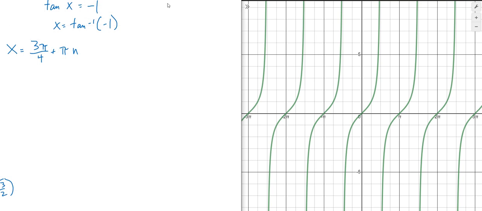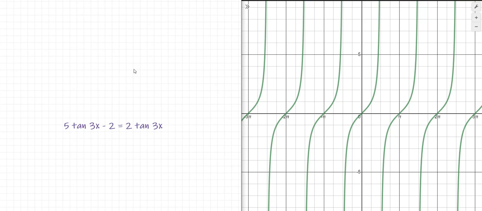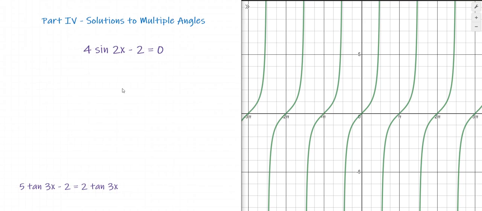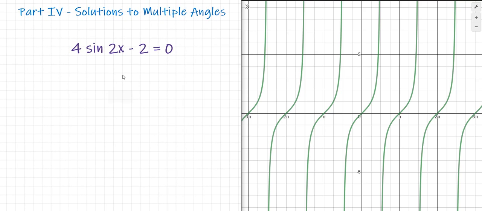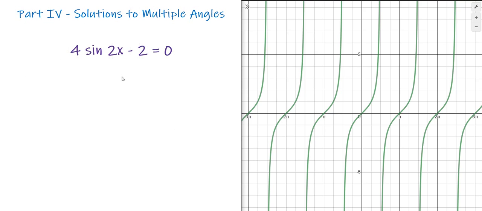The other thing I want to do is talk about equations that involve multiple angles. And by multiple angles, I mean anytime that we have a trig function where the coefficient inside the function is anything other than 1.